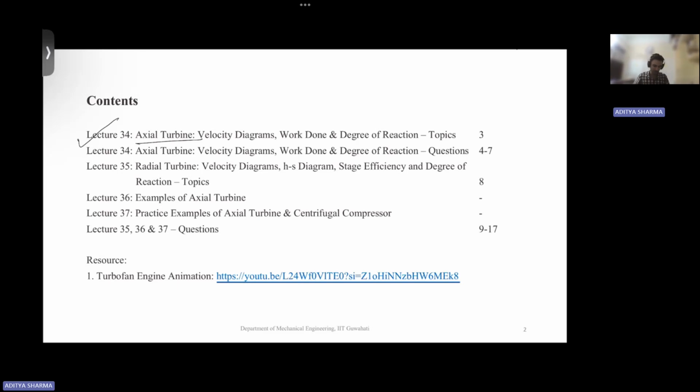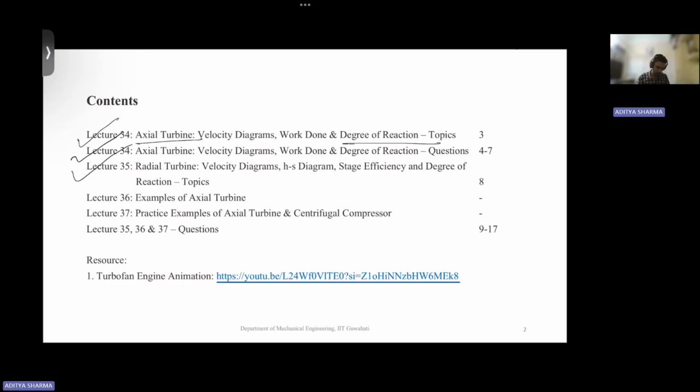So it's velocity diagrams and the work that is done by this turbine, the expression for that, and what is the degree of reaction in axial turbines. Then we shall see questions related to lecture number 34.